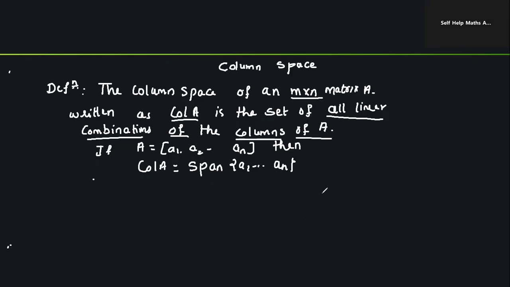For example, if I have a matrix A equal to 1, 2, 3 and 2, minus 1, 4, we have a matrix of order 3 cross 2. The column space of this matrix will be the set of all possible linear combinations of these columns.